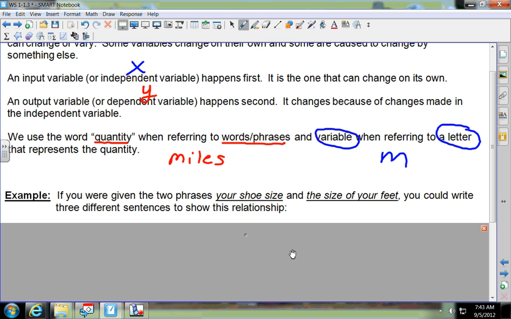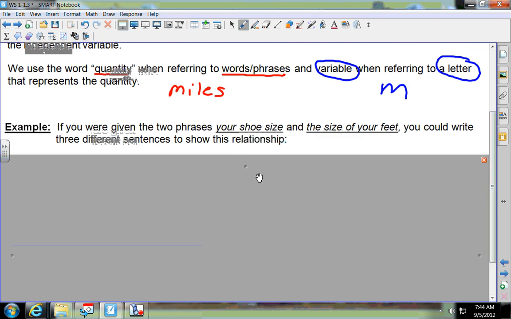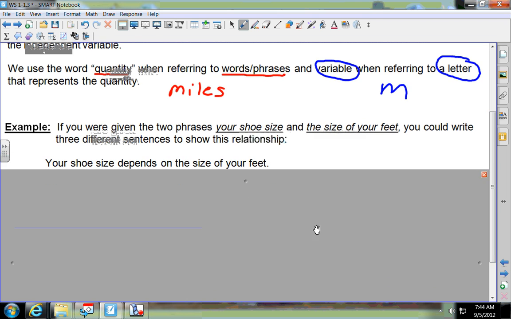As an example, if you were given two phrases, your shoe size and the size of your feet, you could write 3 different sentences to show this relationship. Actually, there's more than that, but I guess we're just going to talk about a few of them. Your shoe size depends on the size of your feet. Let me ask you a question.